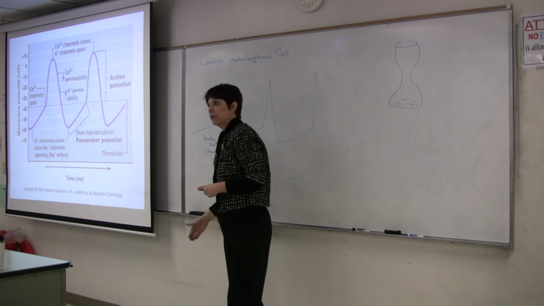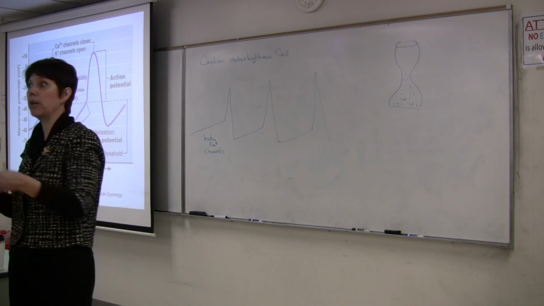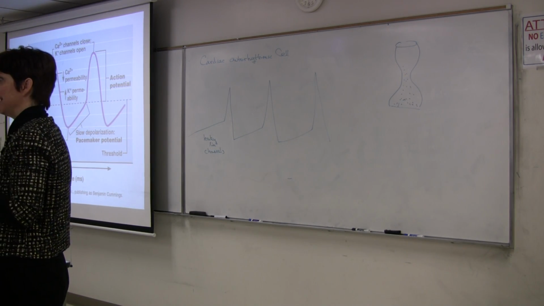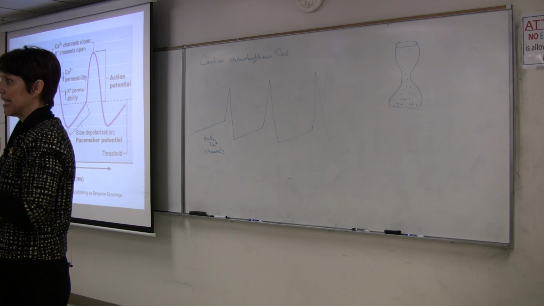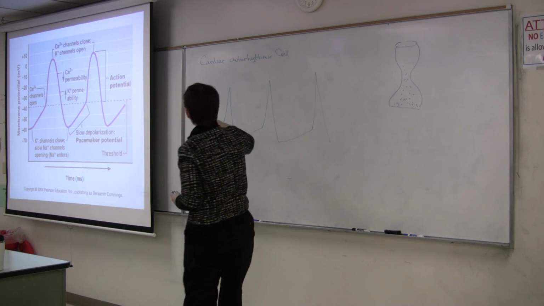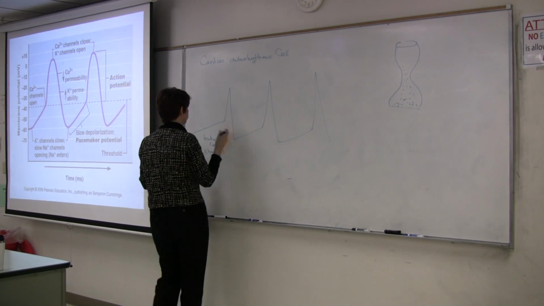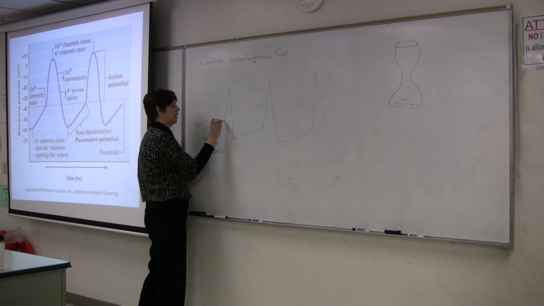So in autorhythmic cells, we have a balance where the cell membrane is more leaky to sodium rather than more leaky to potassium. So we have a gain of sodium. Eventually we reach threshold. So this is a graded potential due to leaky sodium channels.